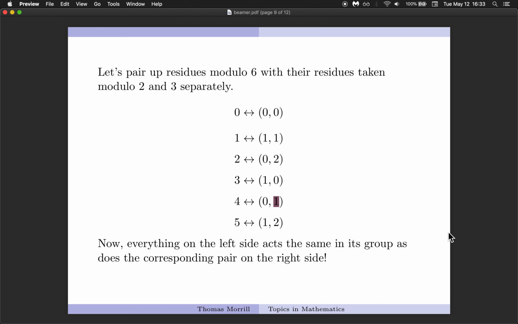Now you might be concerned, how do we know this works every single time? I don't want to be writing up this table. It's all well and good for dealing with 6 things, but am I going to be doing this for a group of 120 elements? Don't really want to do that. The reason this works basically comes down to the Chinese remainder theorem.